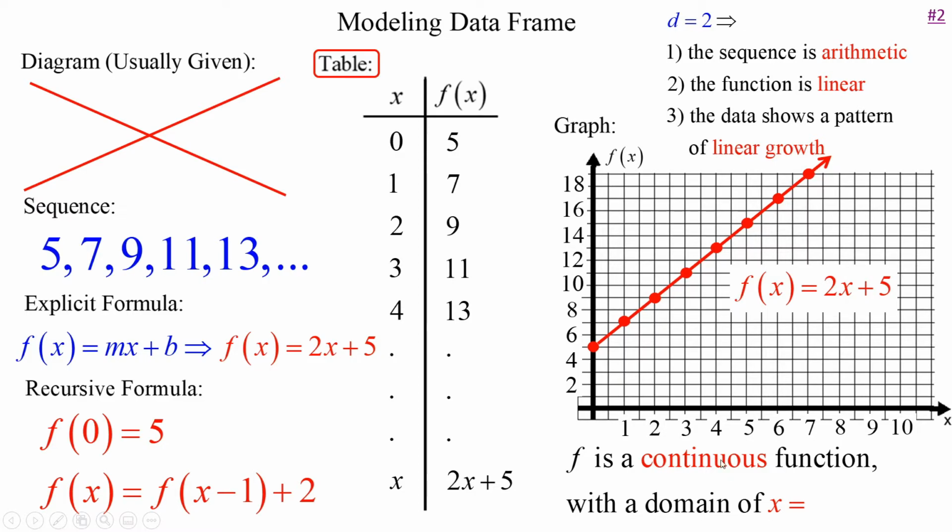Now, if I have a continuous function, I'm talking about all of the x values in this graph, like 0, 1, 2, 3, 4, and so on, except, all right, continuous means we have x's in between the zeros and the ones. We have fractions, we have decimals. It's continuous. Time is continuous.